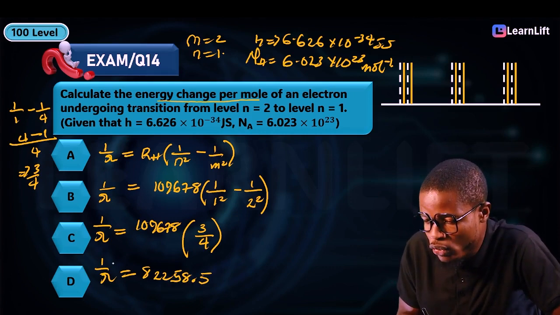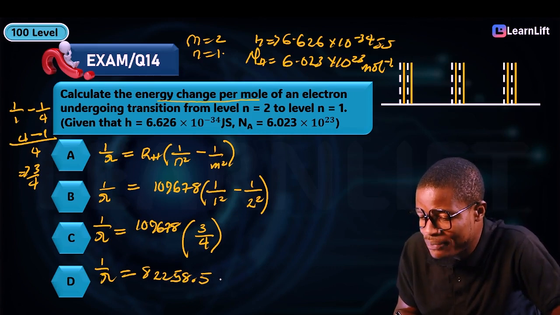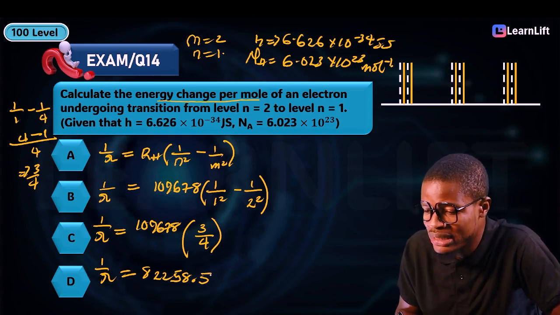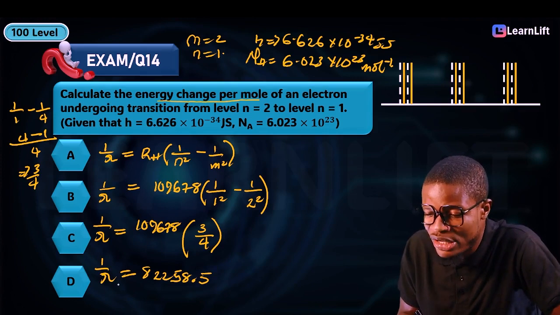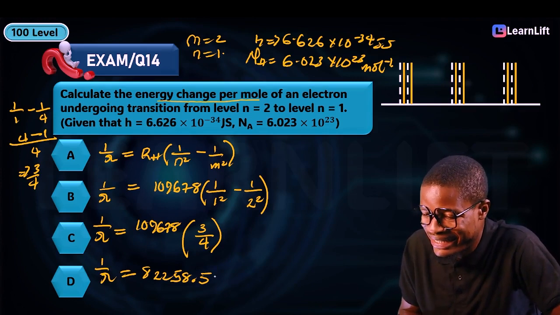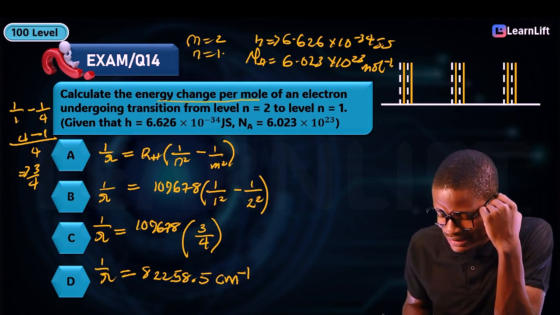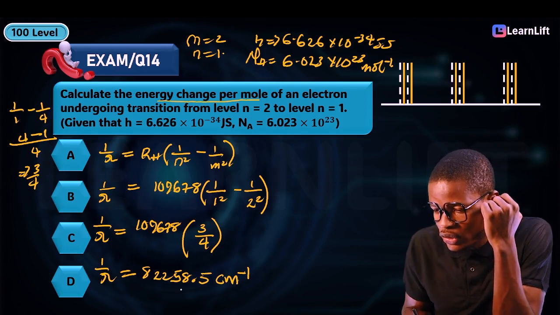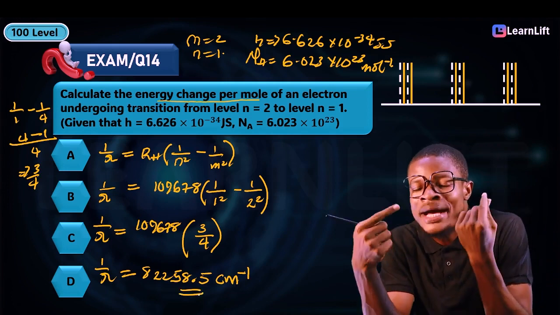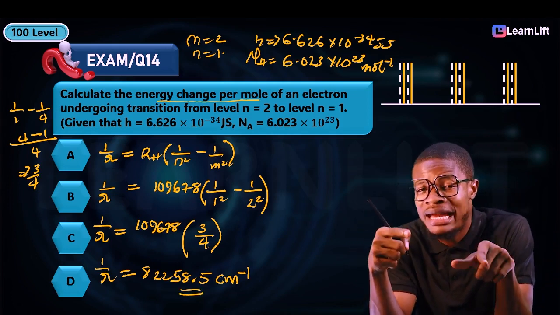It is 1 all over lambda, and that 1 all over lambda is the same thing as my centimeters. So don't forget, your wave number is measured in per centimeter. So this is per centimeters I'm going to have there. This value that we have gotten here is in per centimeters, right? 1 over lambda.